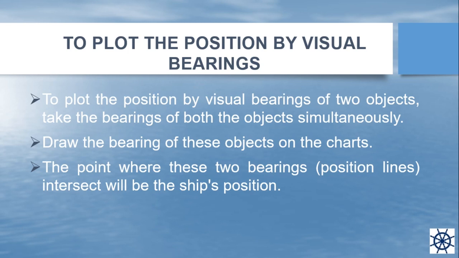So, ibig sabihin, if you take two bearings simultaneously, even using a magnetic compass, you apply the correction, which is the compass to true. In gyro compass, you can apply the gyro error. That's the thing you have to do before applying the position or line of position.